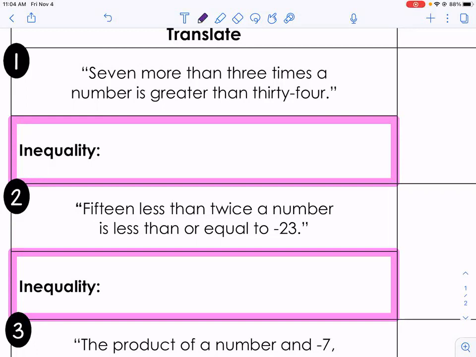You and your elbow partner are working on setting up the inequalities for these two.